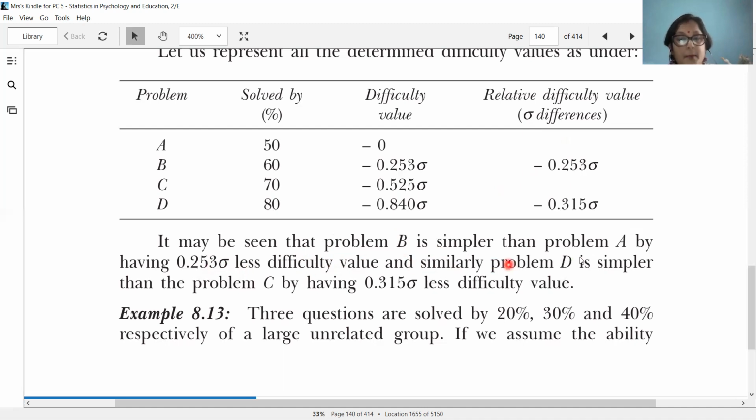And similarly, problem D is simpler than problem C by having 0.315 sigma less difficulty value. Why less difficulty value? Because it is on the left side and it is the minus sign. Okay, so that is the thing. I hope you are getting this problem clear.